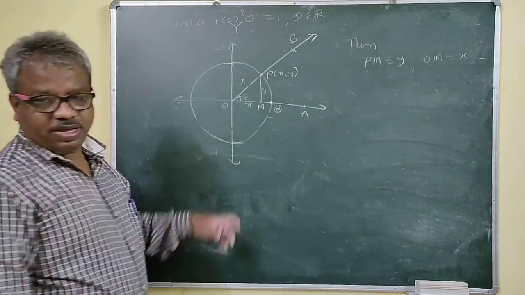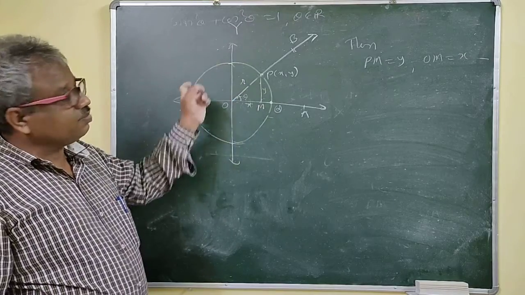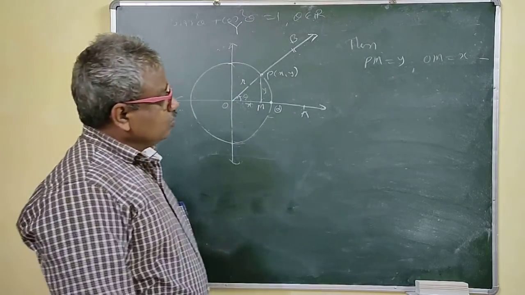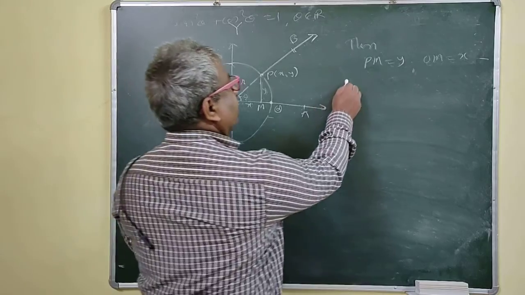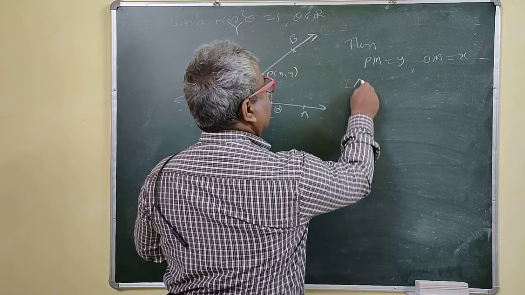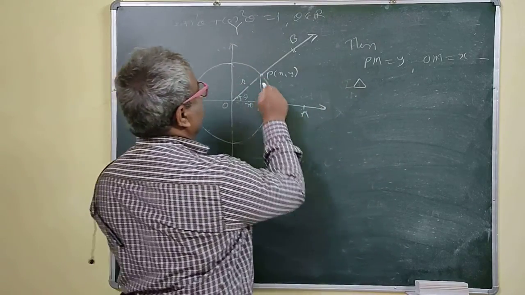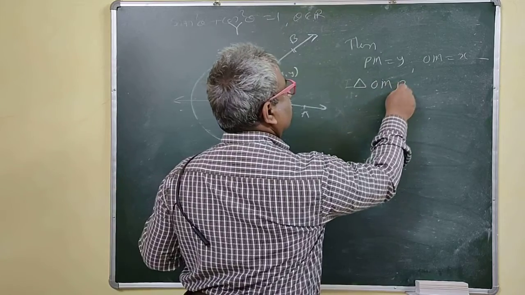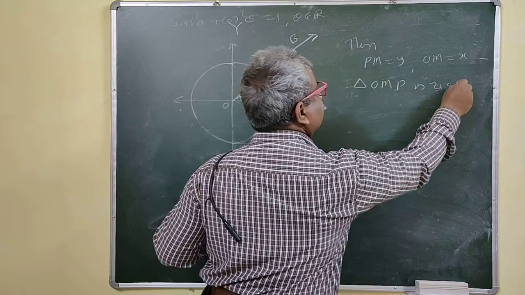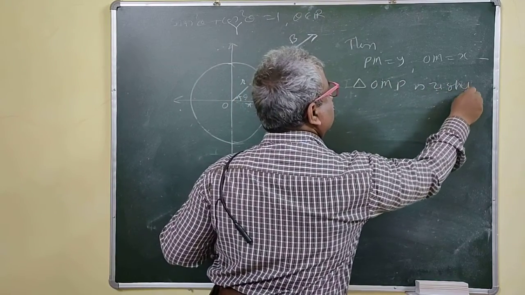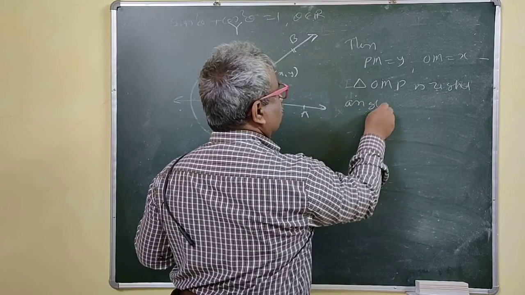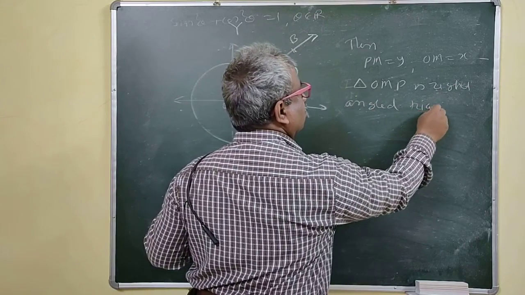Theta belongs to R means it may be in terms of radians or in terms of degrees. Now the triangle OMP is a right angle triangle.